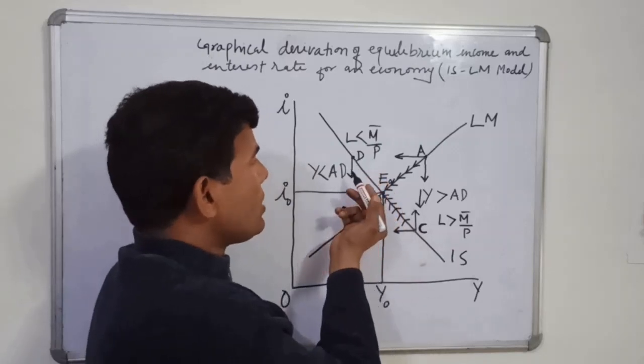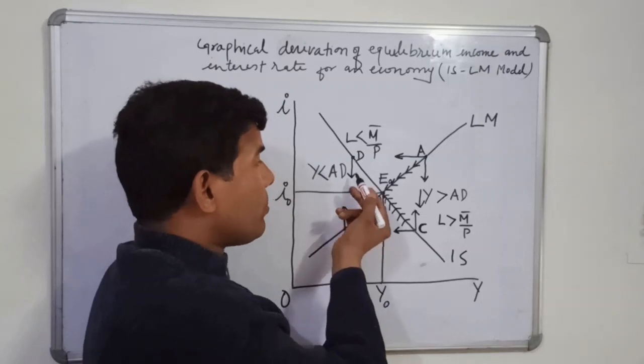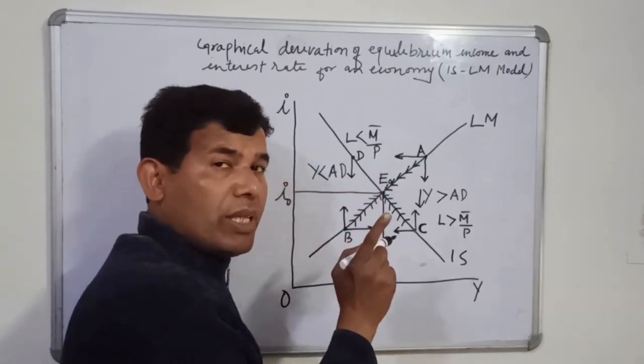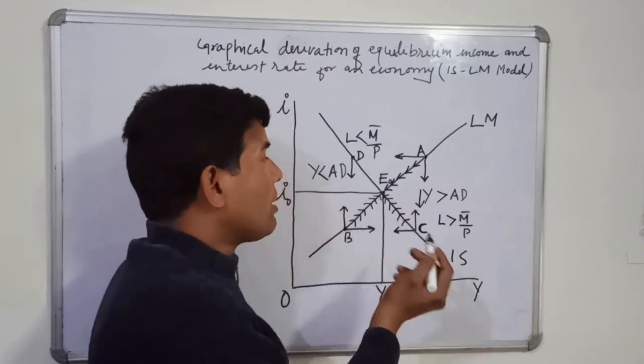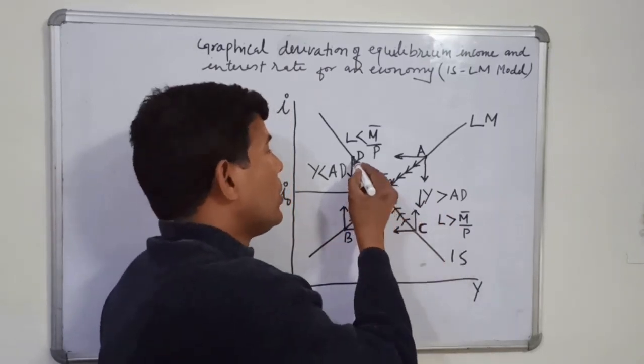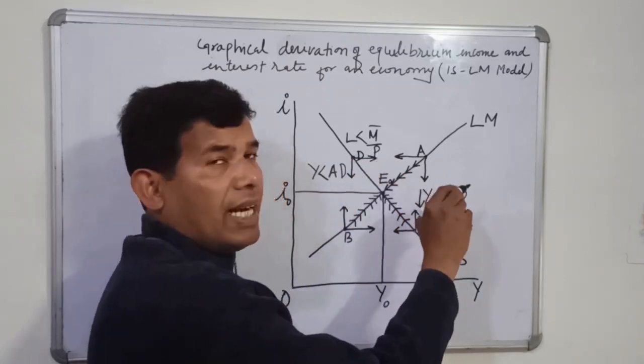So there would be a force which will pull this point D downwards. But when rate of interest falls, what happens to investment? Investment rises, and when investment rises, what happens to income? Income rises. So there is another force which pulls this point D to the right hand side.